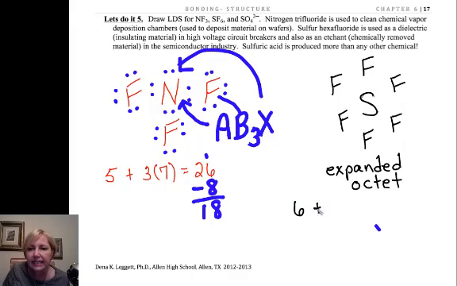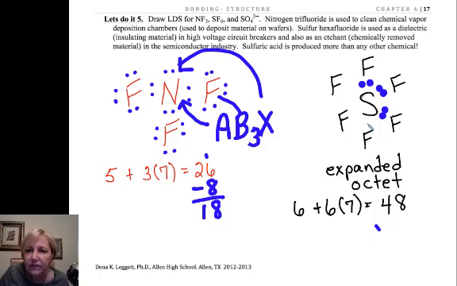Sulfur brings 6. I have 6 fluorines times 7, so that's 48 electrons. And the way it's set up, I have no choice. You didn't have to memorize it. I'll have no choice but to give sulfur extra electrons. Okay, so it actually has 12. It's an expanded octet. It violates the octet rule, so to speak.